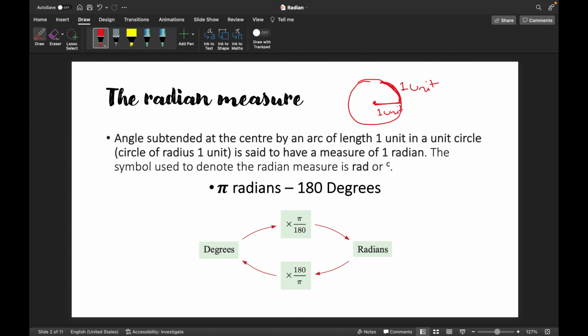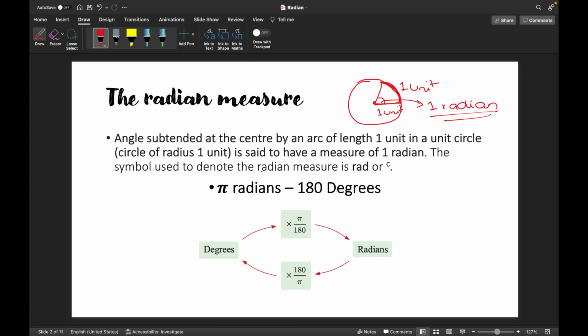When this is the case, then there'll be some angle here. And the angle subtended over here would be 1 radian. So this is the definition of 1 radian. If you visualize it, it's much easier to remember the definition. Now that we know what 1 radian is, we're going to move on.